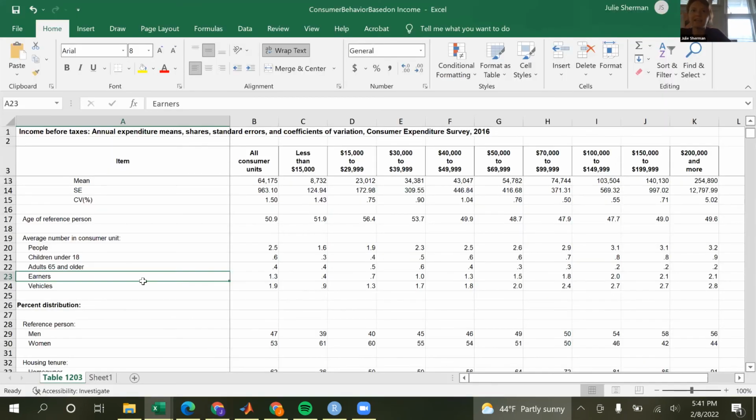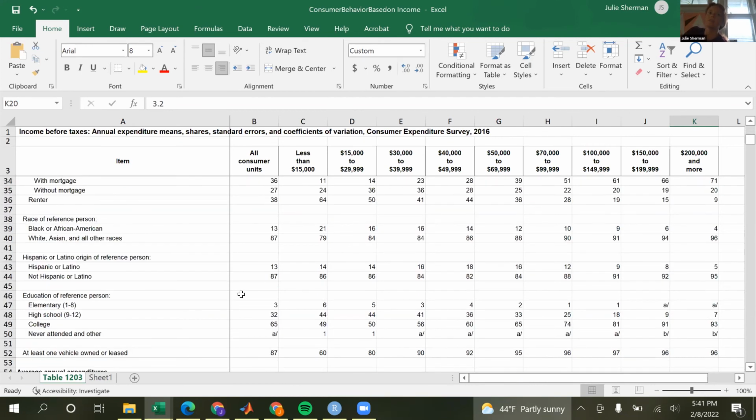The more I look at this, I think that it's telling me that in the consumer unit, on average, it's a smaller household. So I'm thinking of consumer units as a household. And on average, if you're making less than $15,000 a year, you're going to have a smaller household than if you're making 200K or more. Okay.